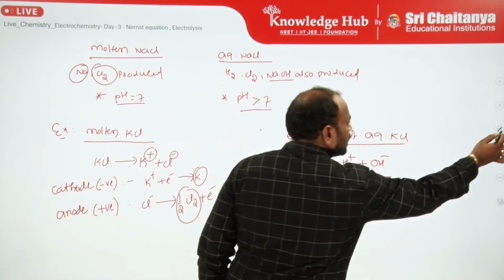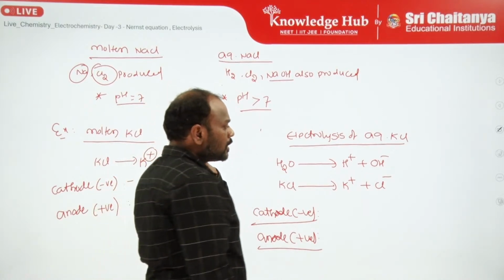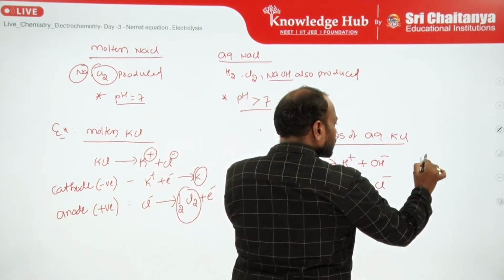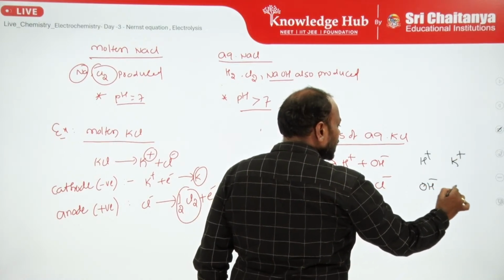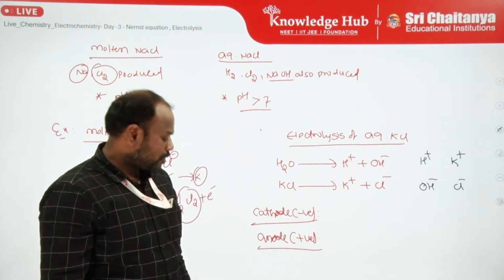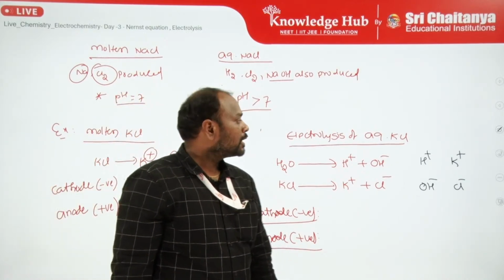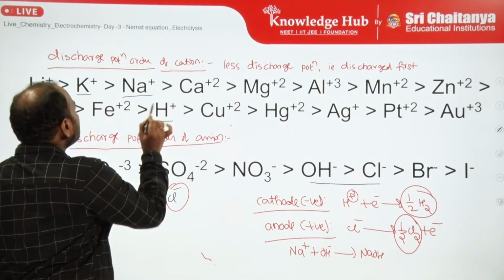Which ions are migrated? Because of the ions we have H plus and K plus, OH minus and Cl minus. So out of these, which shows the more discharge potential? See the discharge potential order: potassium is here, hydrogen is here.